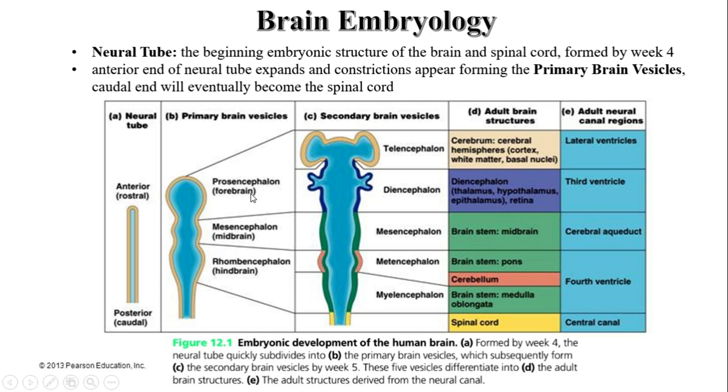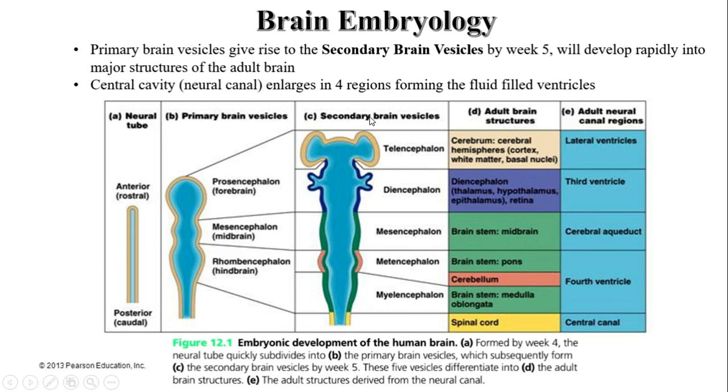By week 5, these structures are once again going to divide and constrict to form secondary brain vesicles. So by week 5, our prosencephalon is going to divide into 2 different structures.